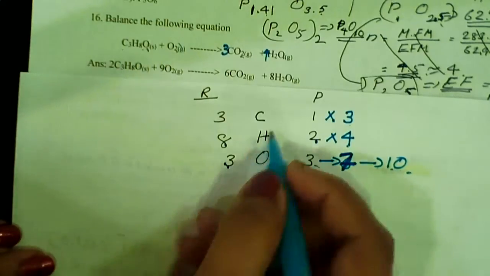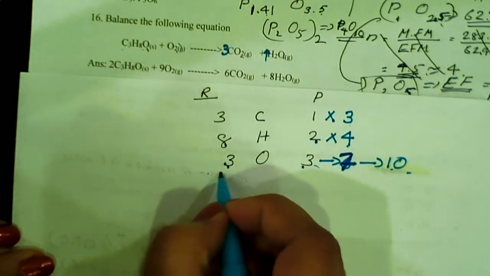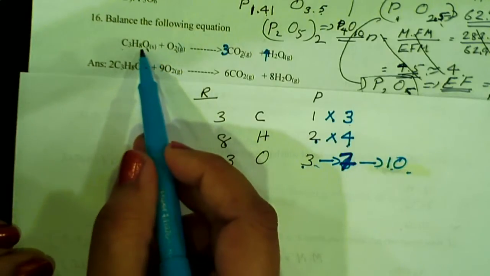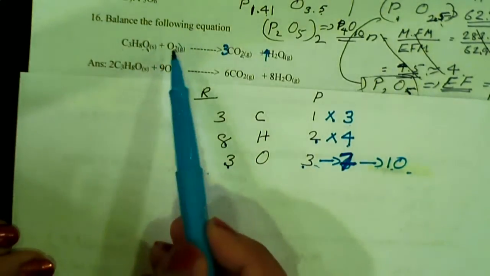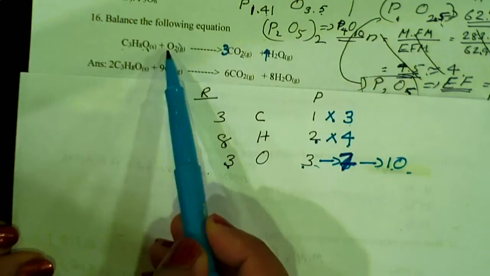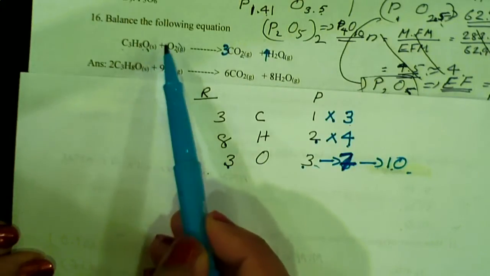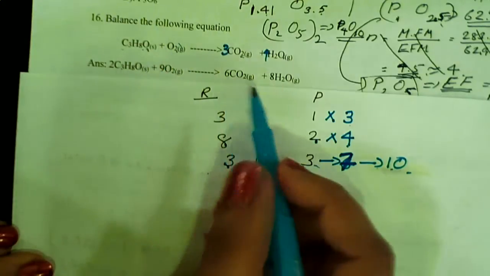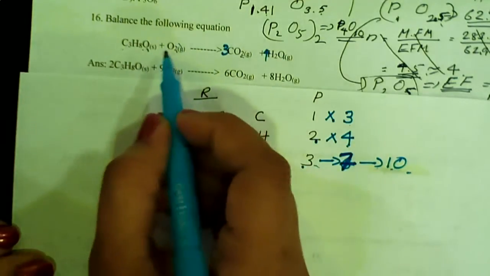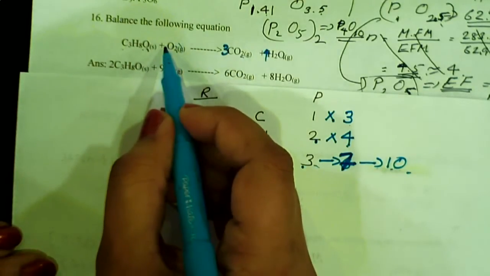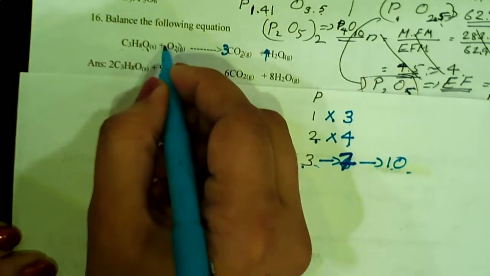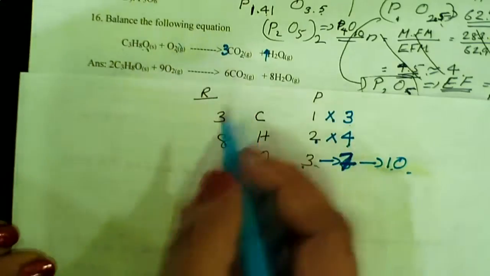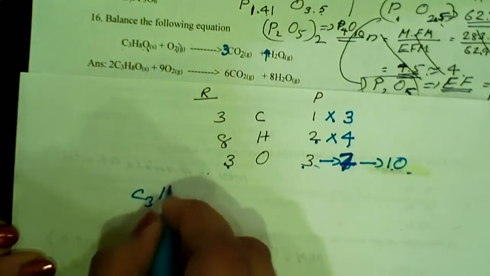And you have to make the number of oxygen equal in both sides. So this is 3 and this is 10. But this 3 oxygen is in this compound and there is O2. So basically you have to change the number of oxygen. You have to put the coefficient for this O2. You cannot put coefficient for this compound, because it's already balanced. So these 3 is like 2 is from oxygen and 1 is from this compound.